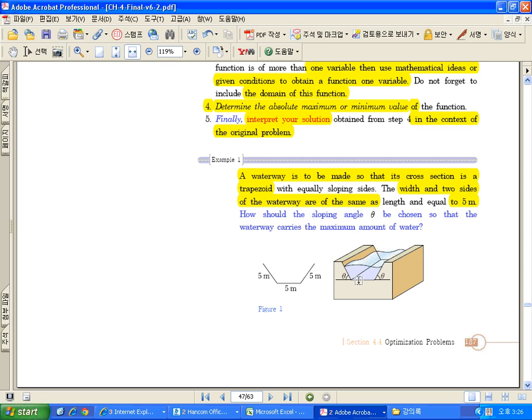So this is 5 meters and this is 5 meters sideways. What should the sloping angle theta be chosen so that the waterway carries the maximum amount of water? So you use less money to build a waterway that holds more water.